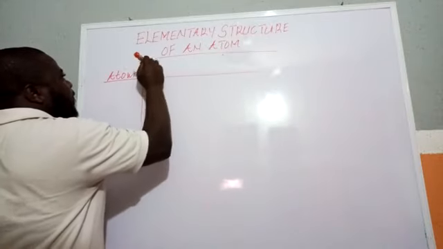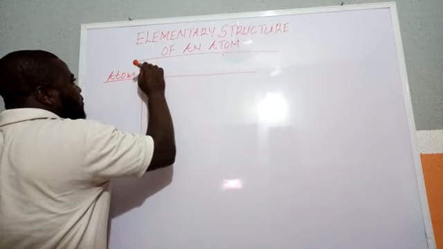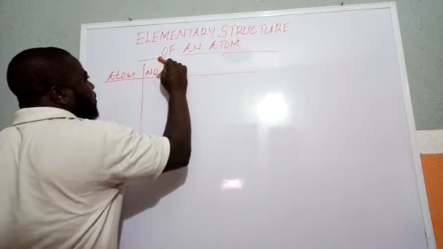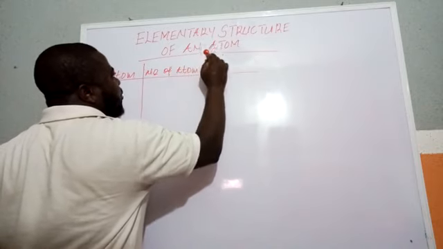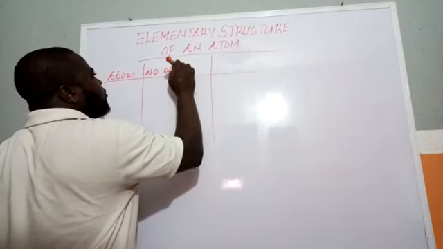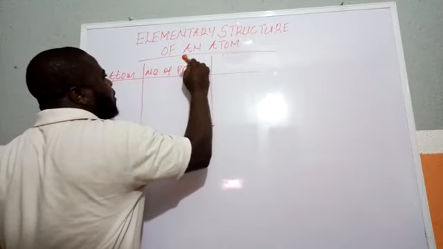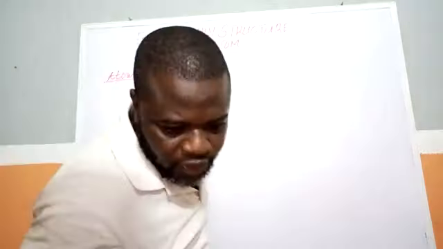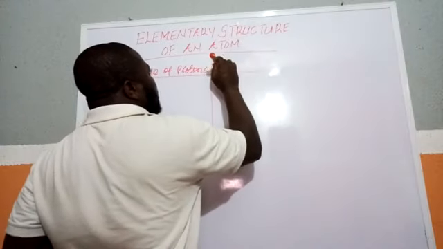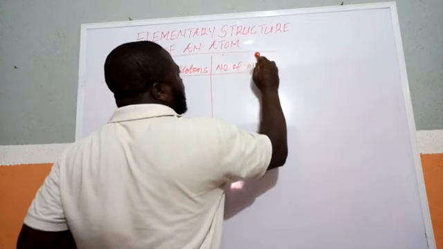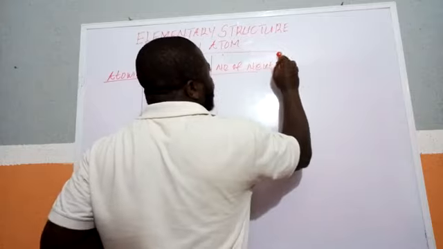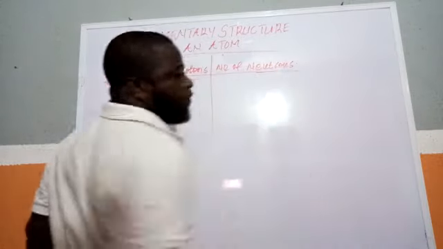We have atoms, then the number of protons, then the number of neutrons.